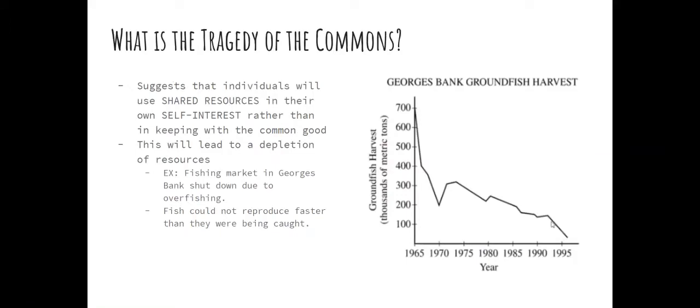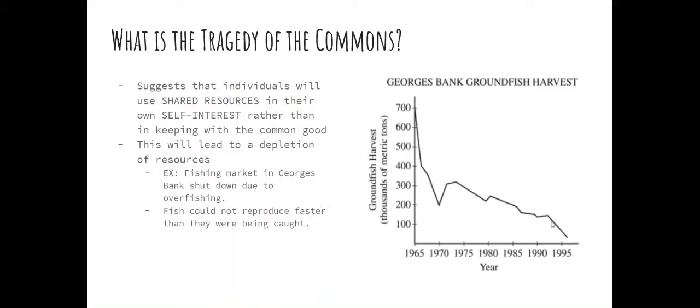Well, the tragedy of the commons is the idea that any single person will use shared resources for their own self-interests, and they won't really be thinking about the common good. And so what happens in that case is that there's going to be a depletion of resources. There are many different examples that you can see in real life, such as the fishing market in George's Bank.